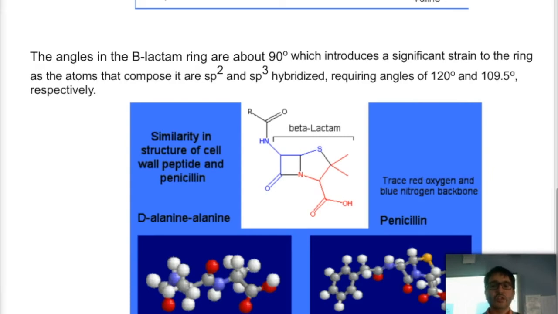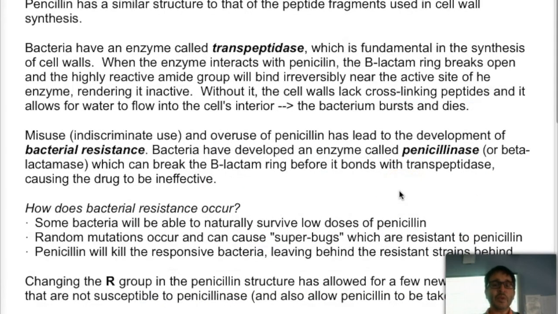All right. So what happens is, in the presence of penicillin, the bacteria normally use an enzyme called transpeptidase to actually work in building the cell walls and making bonds between the peptides in order to keep the structure of the cell wall waterproof.